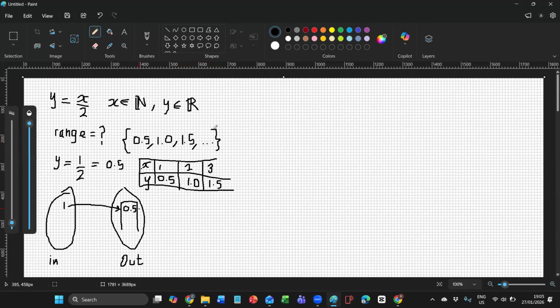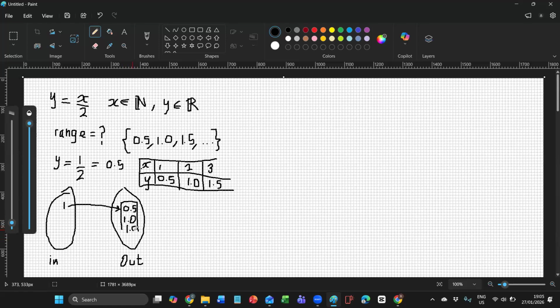Now, if I'm doing it in my diagram, I can just be doing 1.0. Okay. And then, what's next? 1.5.